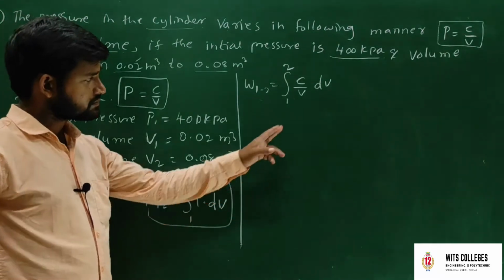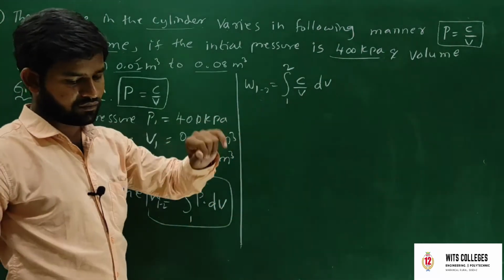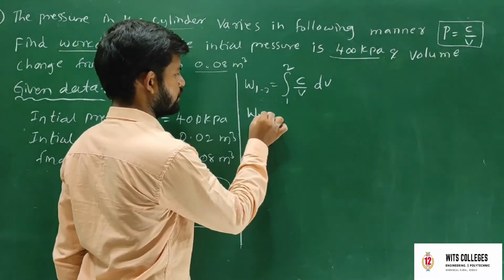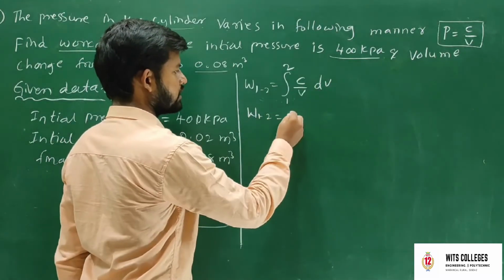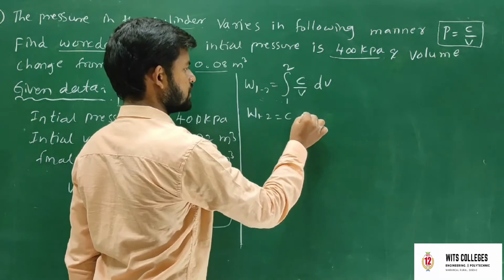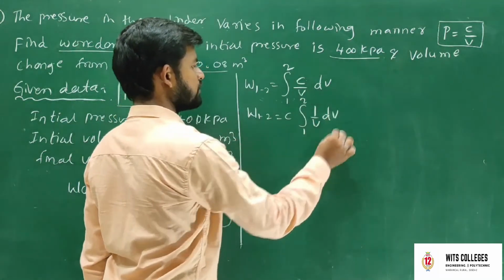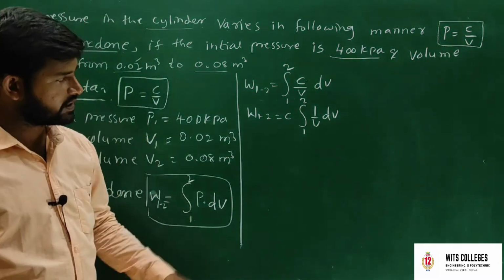In this one, C is a constant, so it is taken outside of the integration: W1-2 = C × integration from 1 to 2 of (1/V) dV.